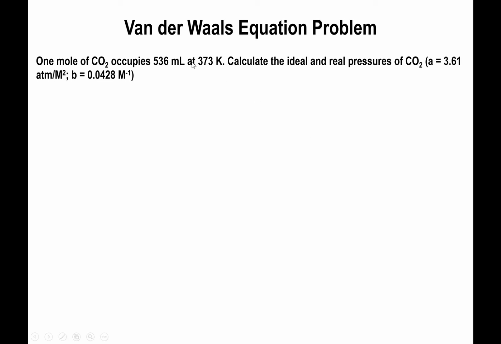For instance, if you're dealing with 1 mole of CO2 gas, which occupies 536 mL of volume at 373 Kelvin, we want to calculate the ideal and real pressures. For the real pressure, we have to be given the value of a and the value of b as constants. This is directly related to the identity of the gas itself, and this is a value that I'm going to have to give you.